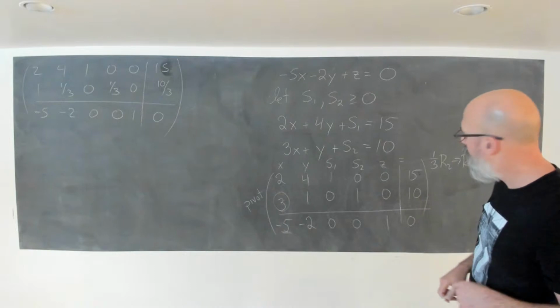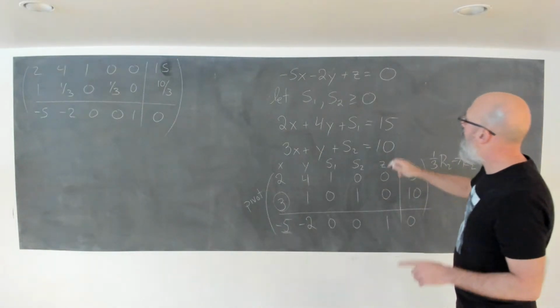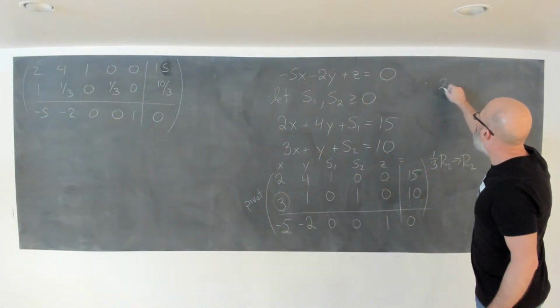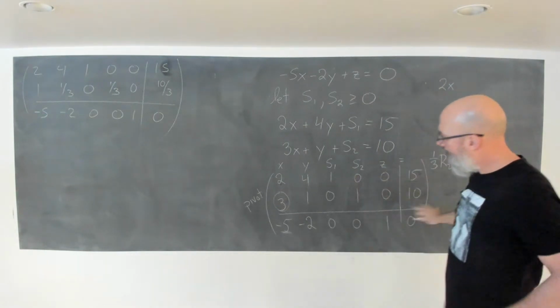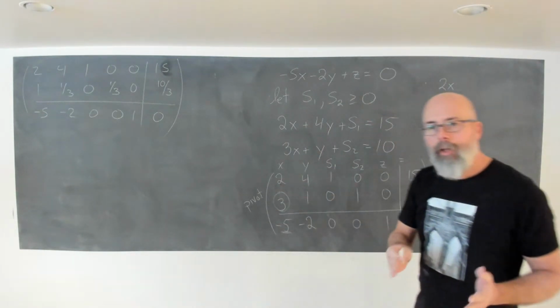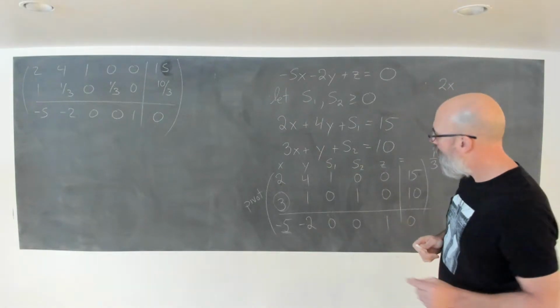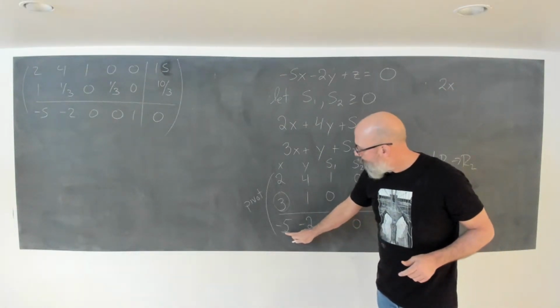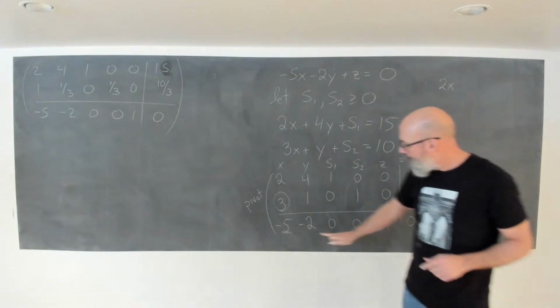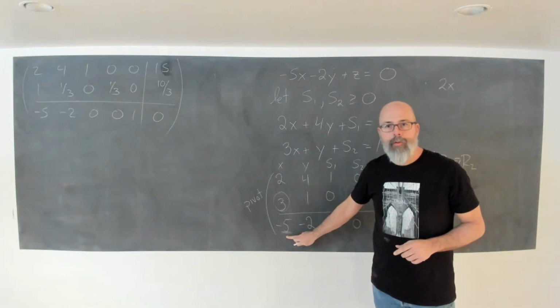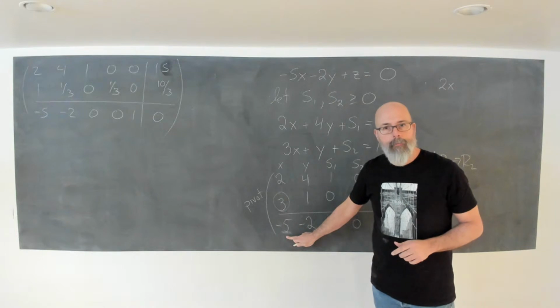So how do we find the pivot? We had inequalities, right? So first of all, let me tell you how to find the pivot, and then we'll explain what's really going on. The pivot is going to live in the column corresponding to the most negative number in the last row.